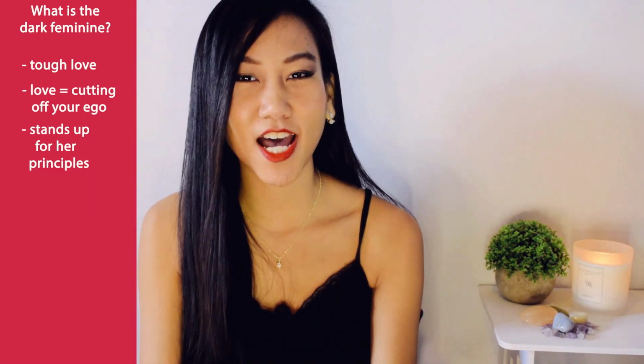If something crosses her principles, she's going to say it, and she will not handle any conditions or excuses that you make. And she doesn't make excuses herself either. It's like, you've crossed my principles. This is not an equal situation right here. Change or I'm leaving. That's the love that's coming from the dark feminine. She's doing this out of love because she loves you. She knows that you can be better than you are.